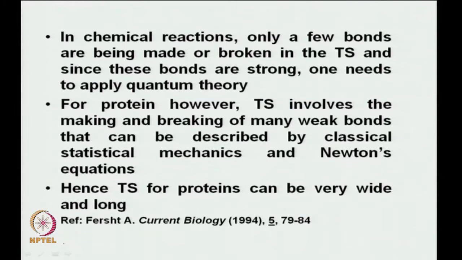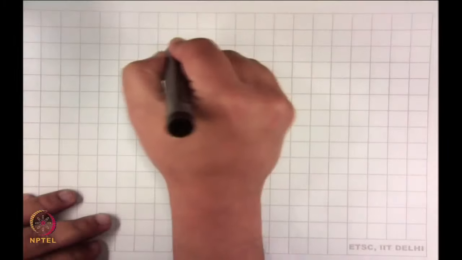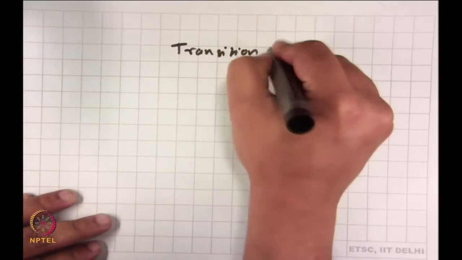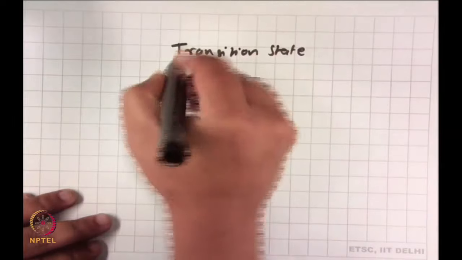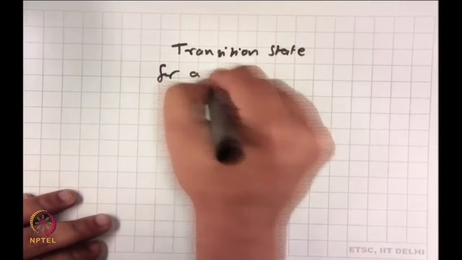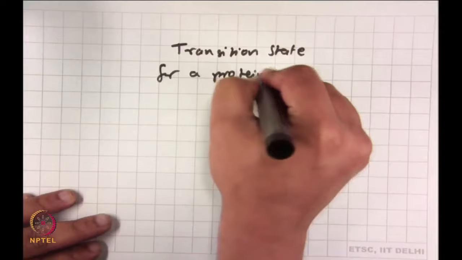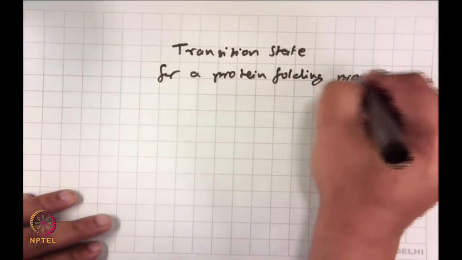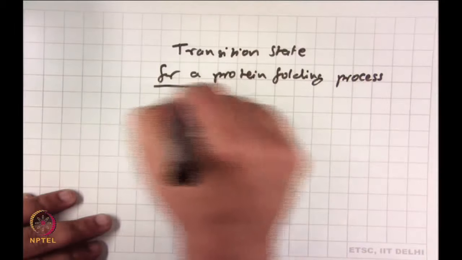So, then how do I envision it, or how do I depict a transition state for a protein? So, this is how I can think about it. So, let us consider the transition state for a protein folding reaction or for a protein folding process.